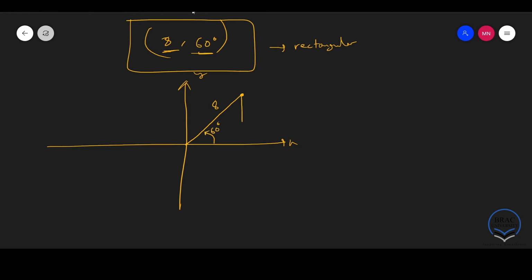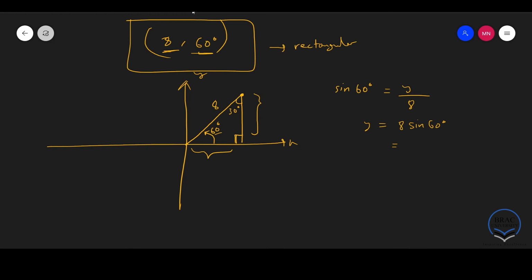So I can construct this triangle. This will be 90 degrees. If this is 90 and this is 60, the remaining angle will be 30 degrees, right? And from this, I can very easily find my y value and my x value, right? So if I consider sine of 60 degrees, this will be equal to the opposite, y, over the hypotenuse, which is 8. And from this, I can find that y is equal to 8 sine of 60 degrees.